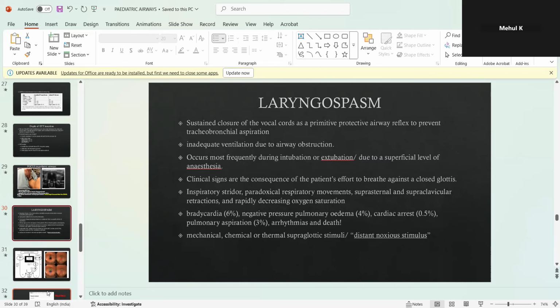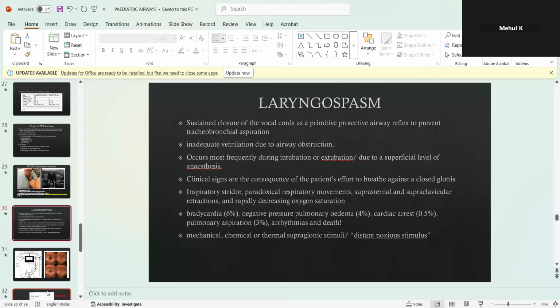So, what do you understand by laryngospasm? This is a sudden, sustained closure of the vocal cords to prevent aspiration. It's a reflex, and a reflex always has a stimulus or trigger, the afferents, and then the efferents. The stimulus is any kind of mechanical, chemical, or thermal supraglottic stimulus.